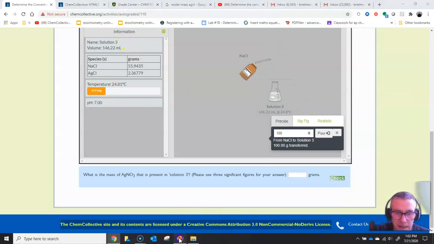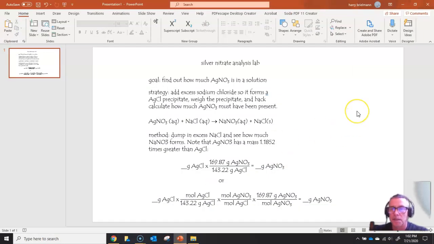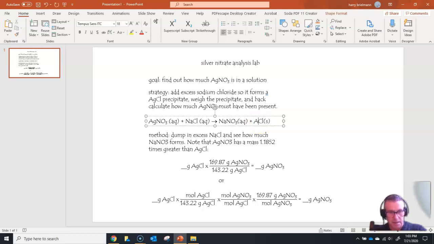So in essence, you'll be multiplying that by 1.185. I created a little PowerPoint that should try to clear that up a little bit. So your goal was to find out how much silver nitrate was in the solution. We're going to add excess sodium chloride, collect the precipitate, and back calculate how much silver nitrate was there.